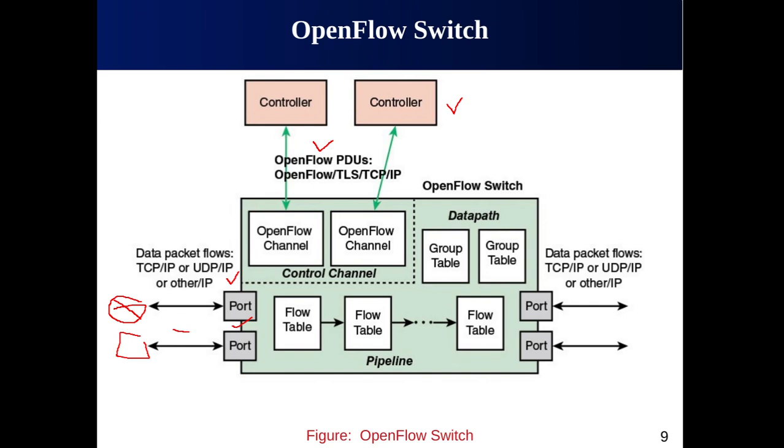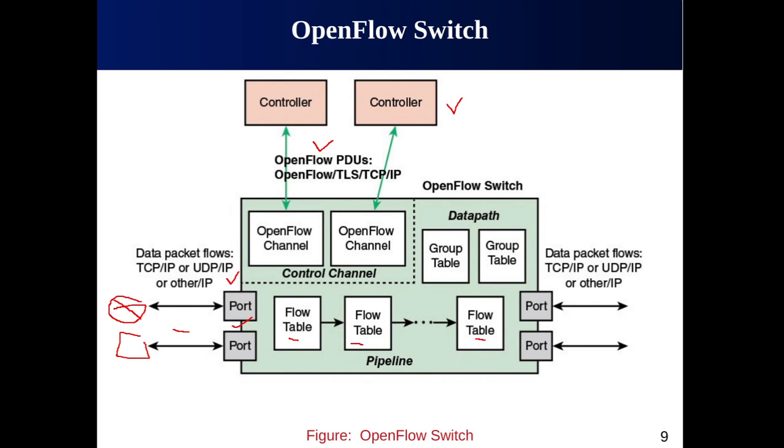Normally we will be focusing on three types of tables which exist in this logical switch architecture. We have a flow table. As you can see, actually we have multiple flow tables. And flow table, as the name indicates, matches the incoming packets to a particular flow.